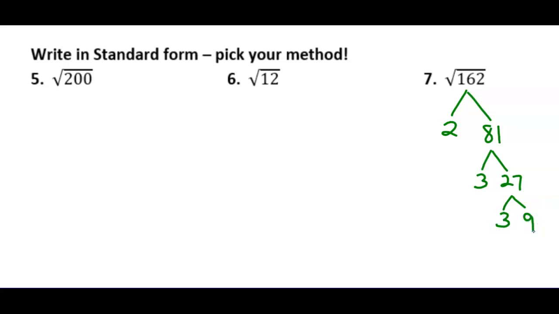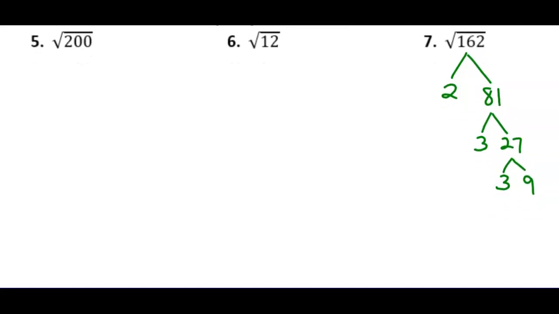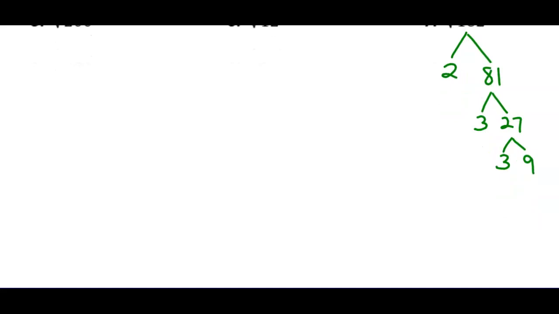Now, I'm not done because I can still divide 9. What can I divide 9 by? I can divide 9 by 3. So 3 times 3. Okay, now you want to circle your pairs of shoes. I have 1 pair of 3s here, and I have 1 pair of shoes here, and now I pull out my shoes. So I have 1 size 3 here, I have 1 size 3 here.